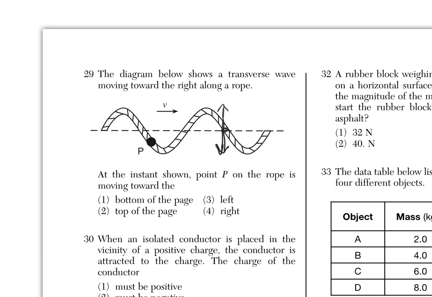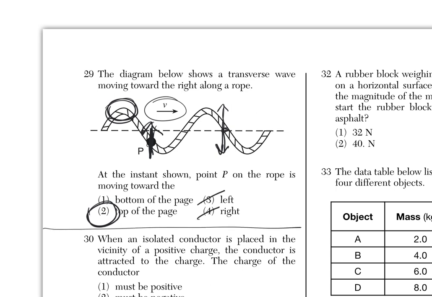So I'm not moving to the left and I'm not moving to the right. And this wave is moving to the right. So for point P, this crest is the next thing that's going to be coming along. So P is on its way up towards the crest, moving towards the top of the page.